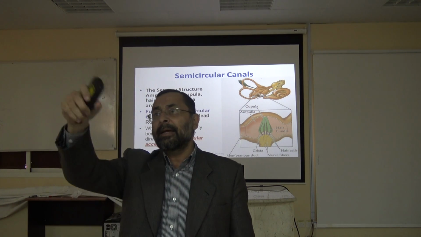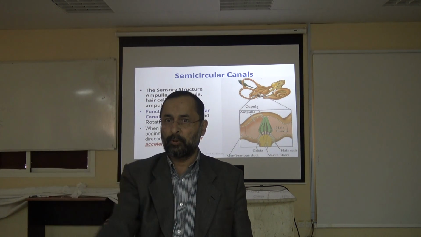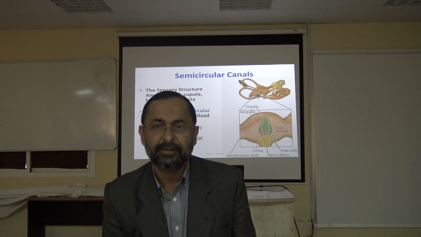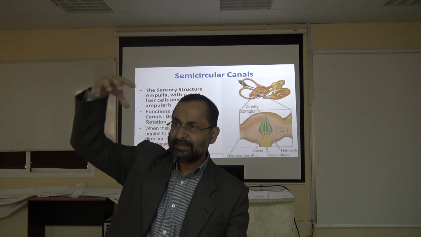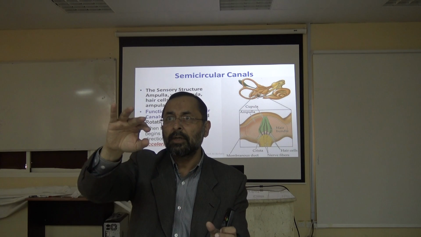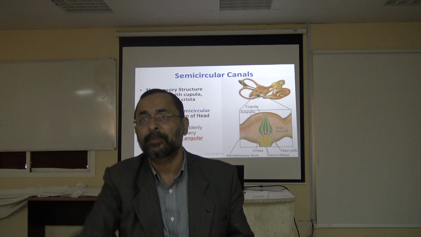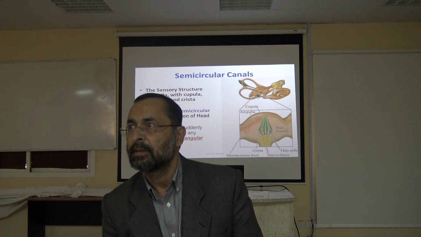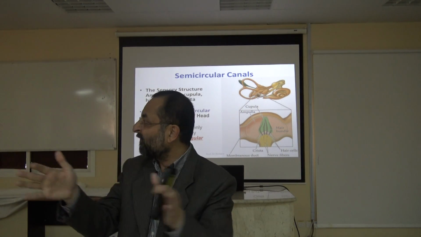Above that, there is a jelly-like structure on top of the crista ampullaris, and this is present from the roof to the bottom, and that structure is called the cupula. So you have a raised structure in which your receptors are present, and you have a specialized structure which is the cupula. This jelly-like structure is movable from side to side by the flow of the endolymph.